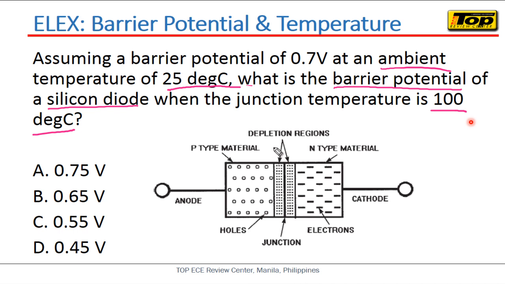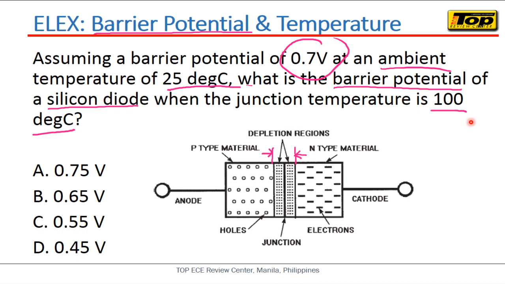Kasi itong junction natin, itong depletion region natin, meron itong potential voltage. Okay? At ito nga yung junction voltage or barrier potential or barrier voltage. At alam naman natin yan, pagka silicon that is 0.7, kapag germanium naman that is 0.3. Now, computein natin, paano ba kinocompute ang barrier potential in this problem?